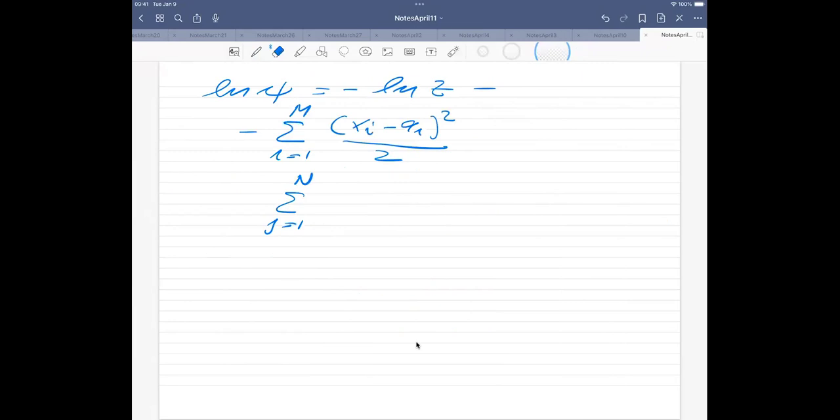So let me just do it properly here. Minus, and then I have ln of 1 plus e to the minus b_j plus a sum over i equal 1 up to M of x_i w_ij.